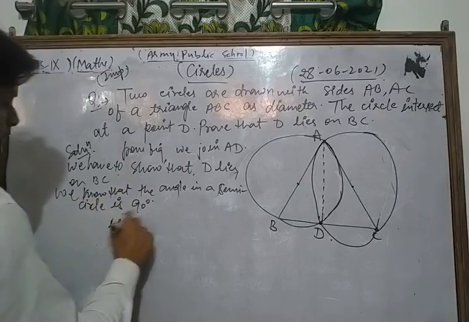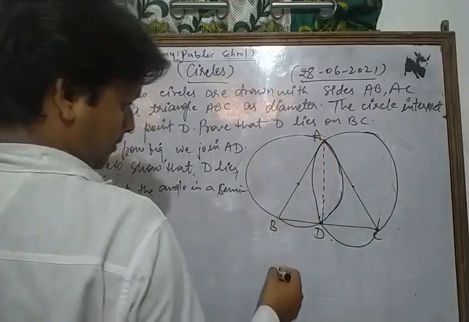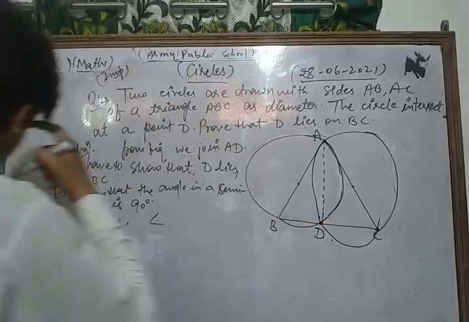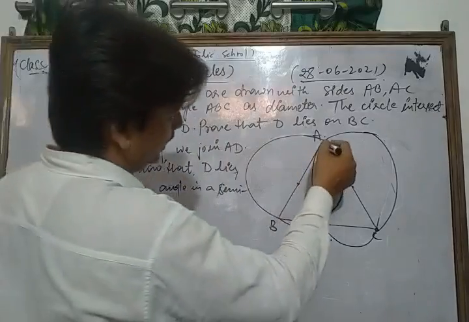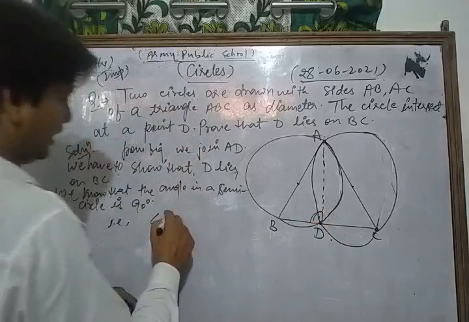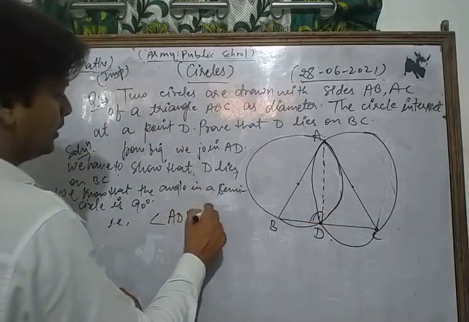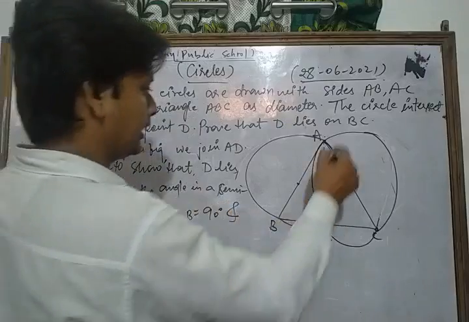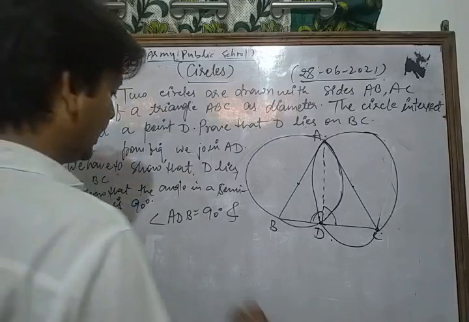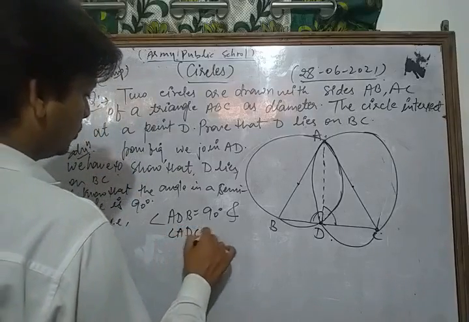That is angle ADB. So we join this; this is the angle ADB. That angle ADB is 90 degrees, as well as angle ADC. This is also equal to 90 degrees.